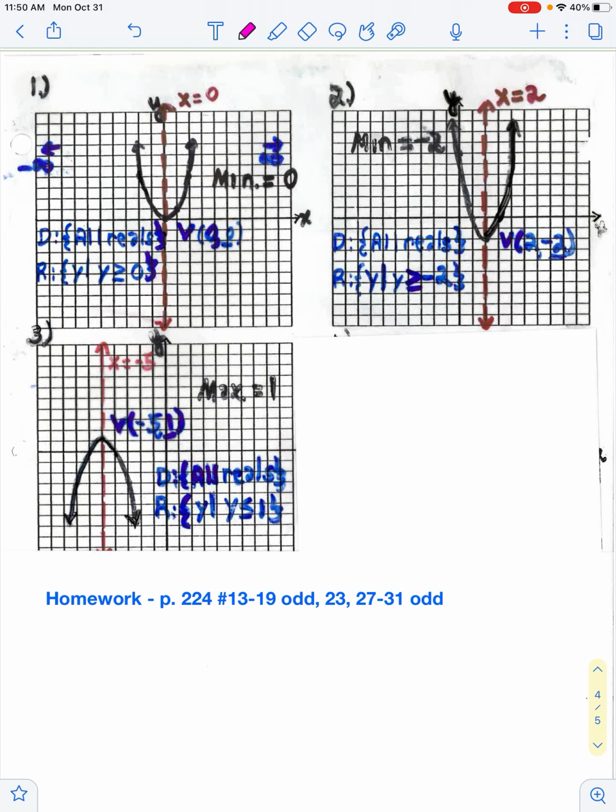So the value of a tells you whether it opens up or down, and consequently whether you have a minimum or a maximum. Then you have to find your vertex because the maximum or minimum value is the y-coordinate of your vertex. But on those last problems, you don't have to graph. So you can see your homework.